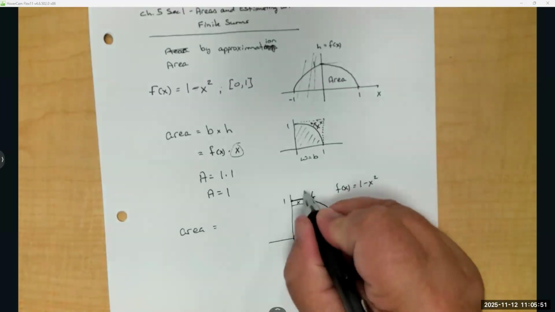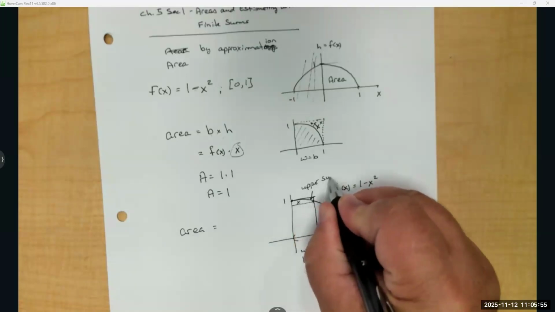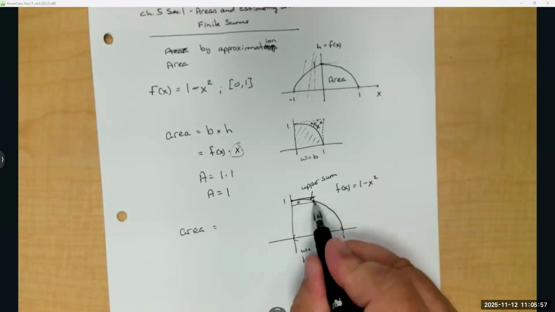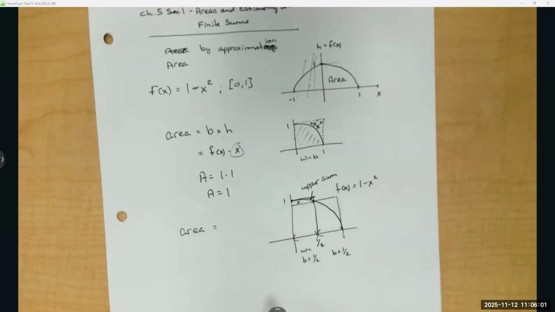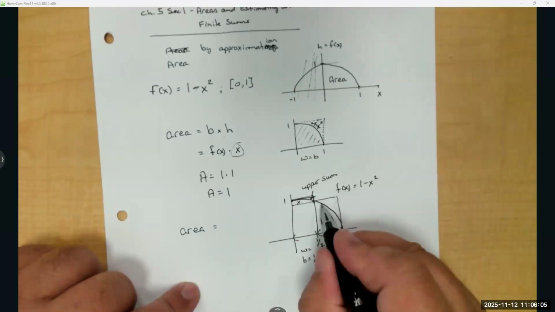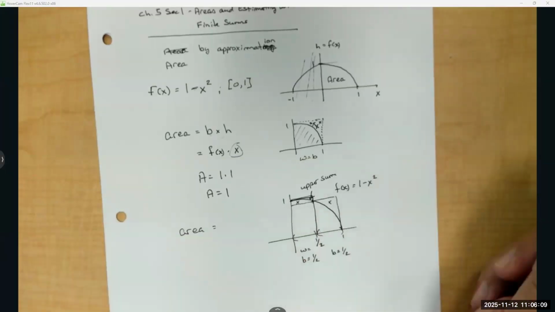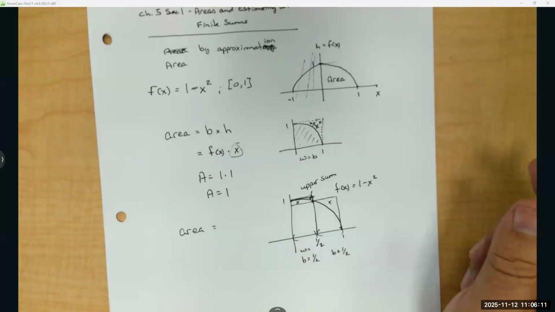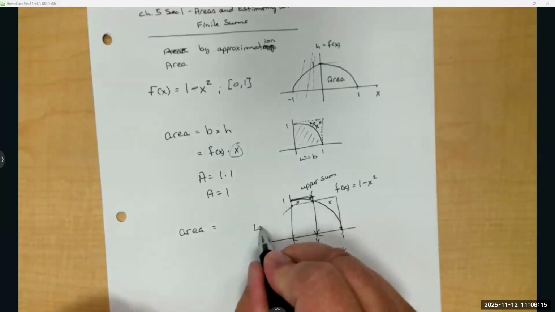The upper sum, because if we added both of these using the bigger number, the one that's on top of the whole thing, then our area will be overestimated. The one that uses here is called the lower sum.